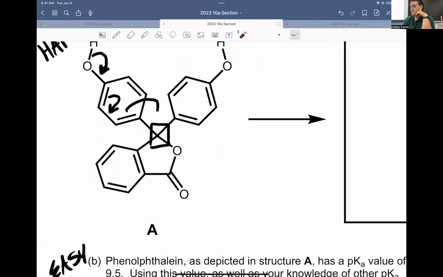The lower energy LUMO is going to be the sigma star CO. So we are going to make a double bond here. And when we do that, we're going to be putting electrons into the anti-bonding CO sigma. When we put electrons into an anti-bonding orbital, the bond breaks, so we push these electrons onto the oxygen.